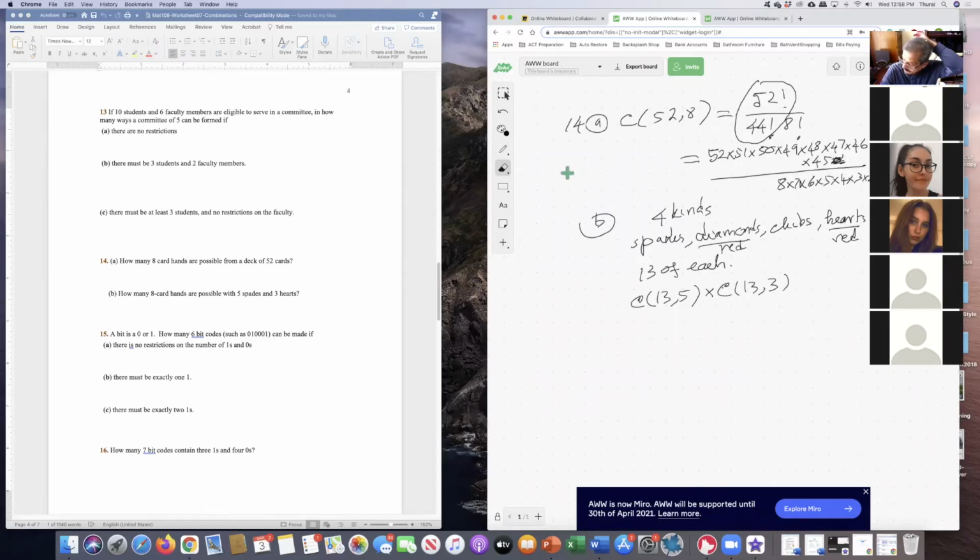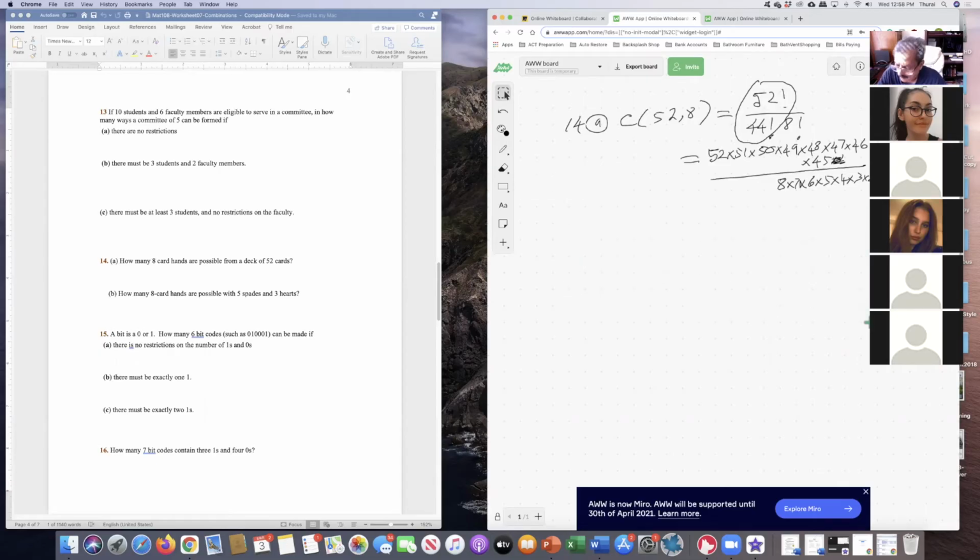So wait, can you simplify A? Part A, this one? Yes. Okay. All right, let me erase part B to make room. So it's the product of all those numbers in the numerator.